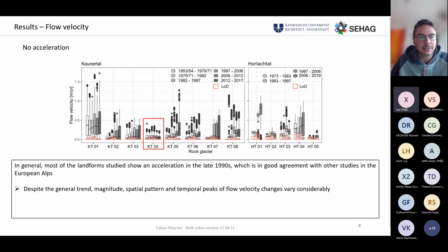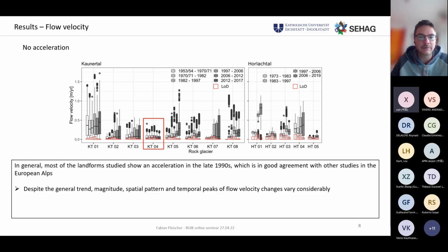Yeah, this is the example of Kaunertal 4. This is a rock glacier which showed no acceleration or even slight deceleration during the investigation period.